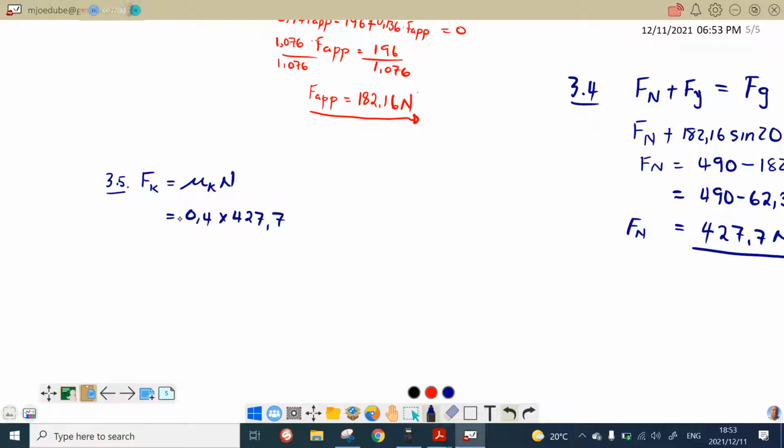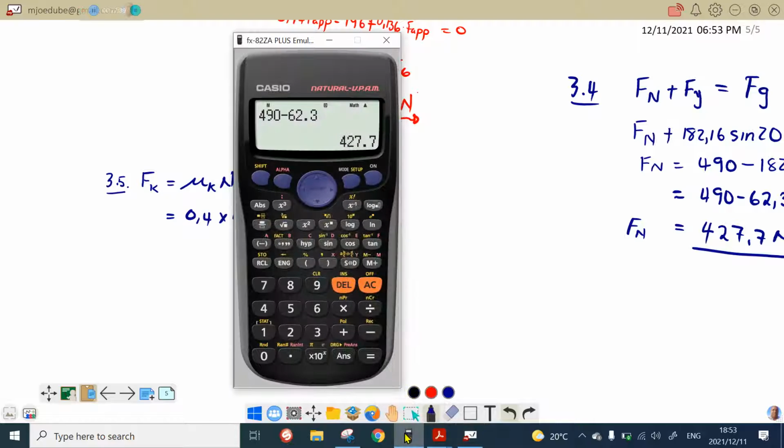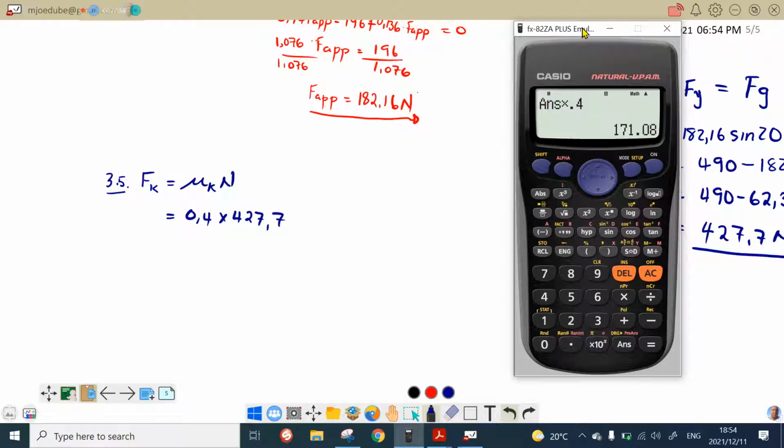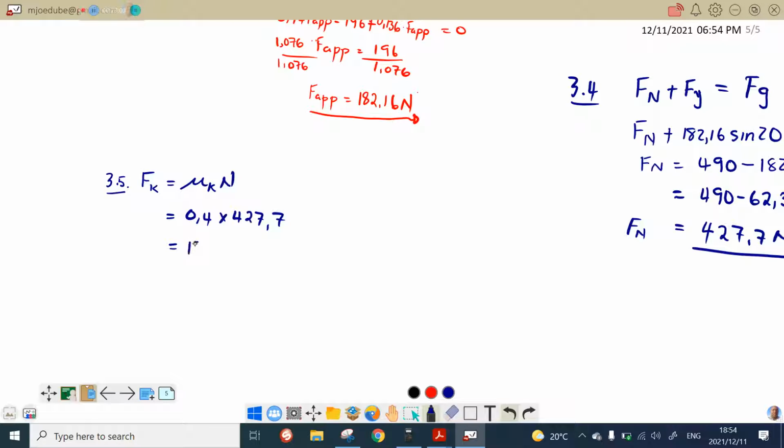We multiply 427.7 by 0.4, and this is going to be the size of the frictional force acting on the object as it moves. So the answer is 171.08 newtons.